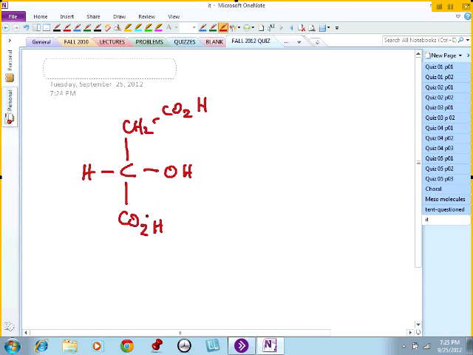Now I come and take a look at this molecule, the same molecule now, right? I do this. Hydrogen is right here because this young lady is looking right here.